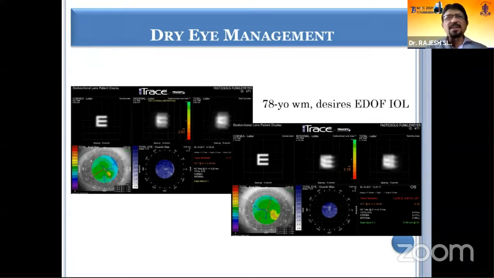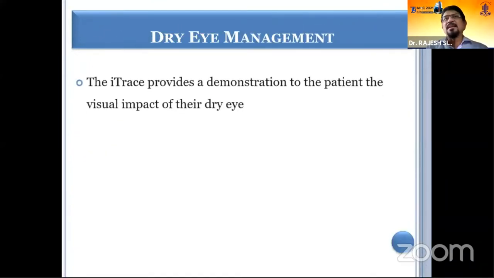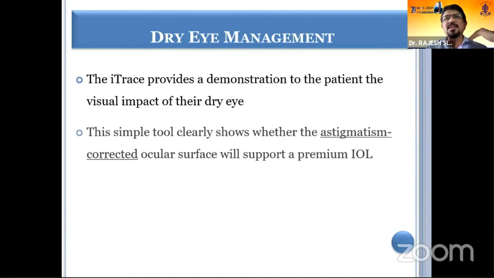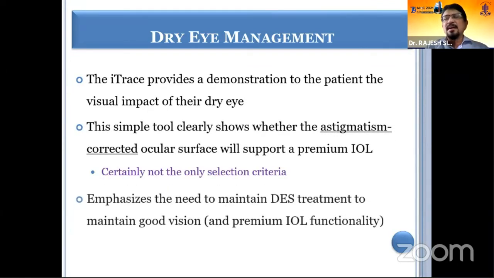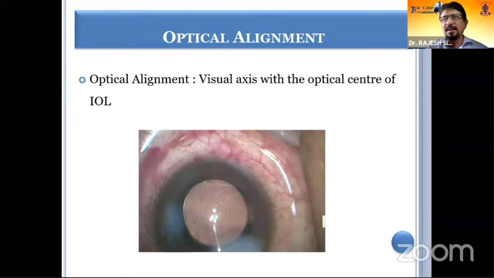If it's low, treat the patient for dry eye, do eye trace later, and you will definitely see a significant improvement in all these cases. Once the dry eye is treated and the corneal aberrations improve by treating the ocular surface disorder, you can go ahead and put a multifocal lens.